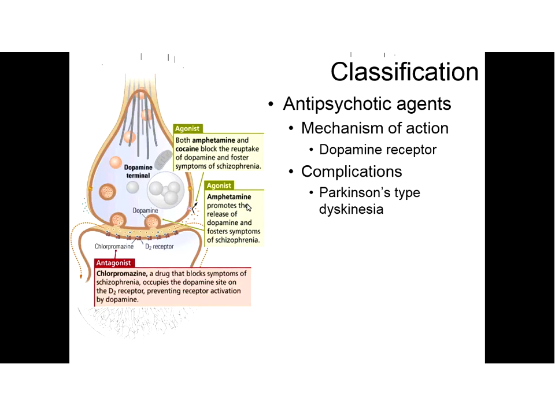Now, what we talked about just previously is that they function at the dopamine receptor. These antipsychotic agents work to prevent neurotransmission by blocking that dopamine receptor. One of the significant complications we see with these drugs is that these people will develop Parkinson's type movement disorders, or dyskinesias.